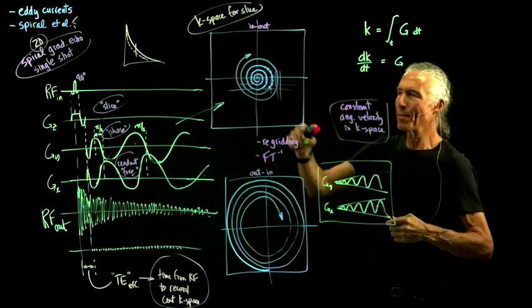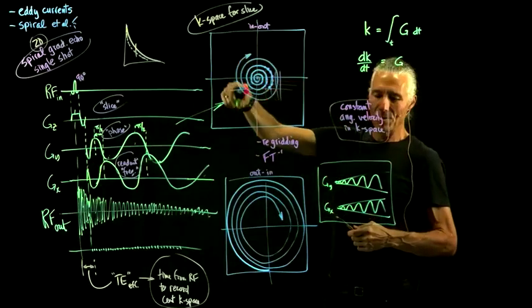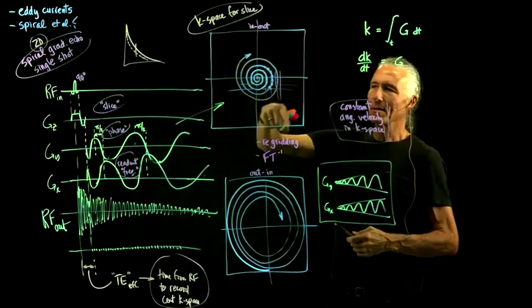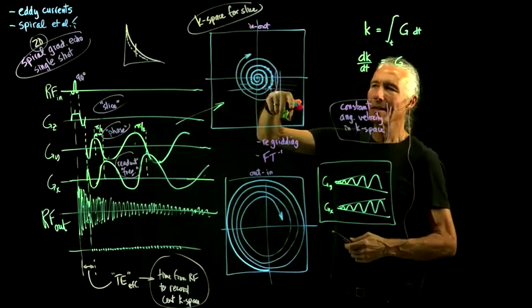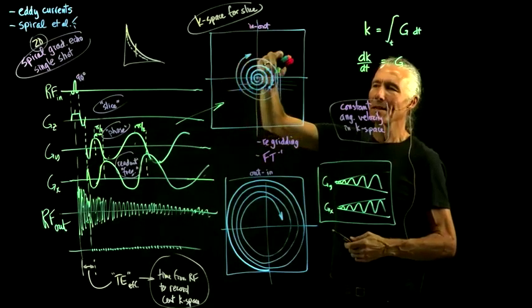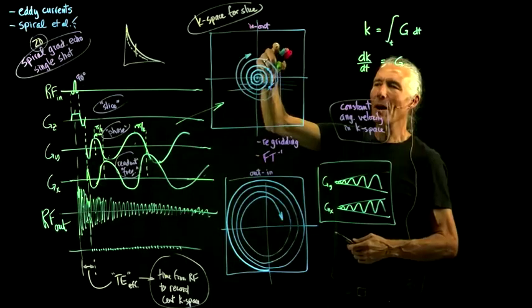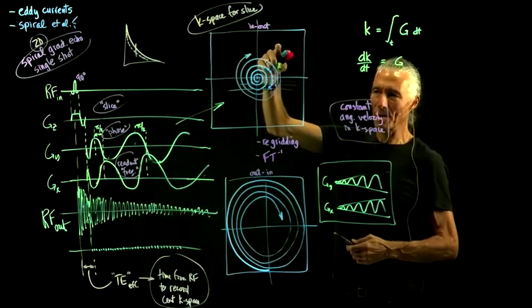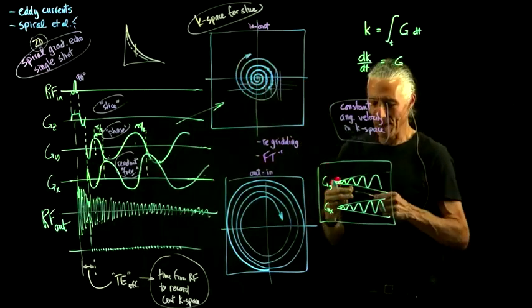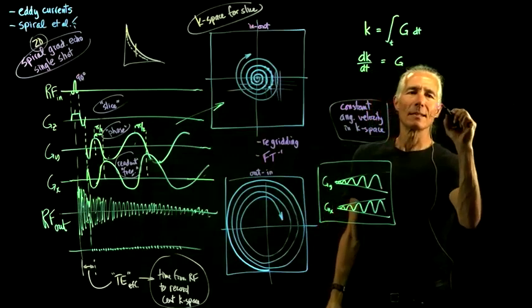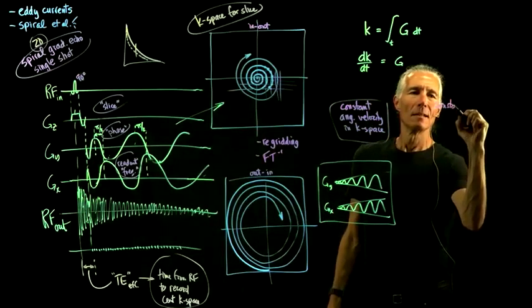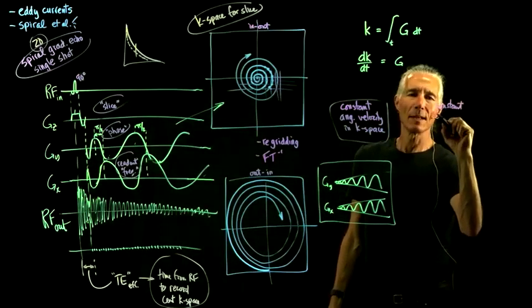Now the bad part of that is that when you get out to the far parts of k-space, you're going really, really fast, and so that means that your bandwidth will have to go up, or you have to have a very high bandwidth, which is generally a lower signal to noise if you're going super fast. And so alternatively, what you could do is a constant linear velocity.